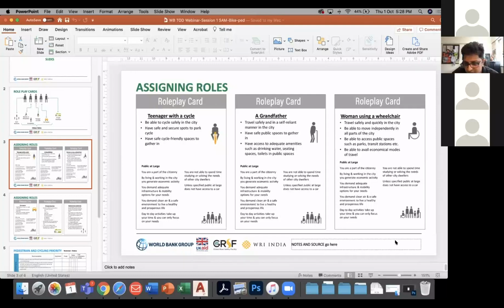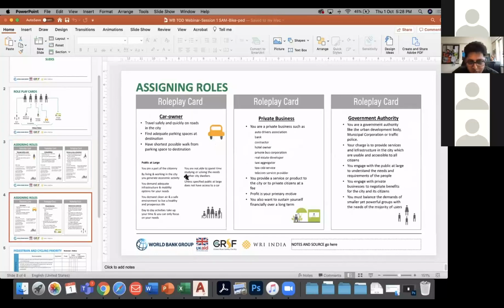And then Gerard, would you like to play? Of course. So Gerard will be woman in a wheelchair. And then we have Helena, who will be the car owner. And okay, we can have Dhaval play the role of private business.